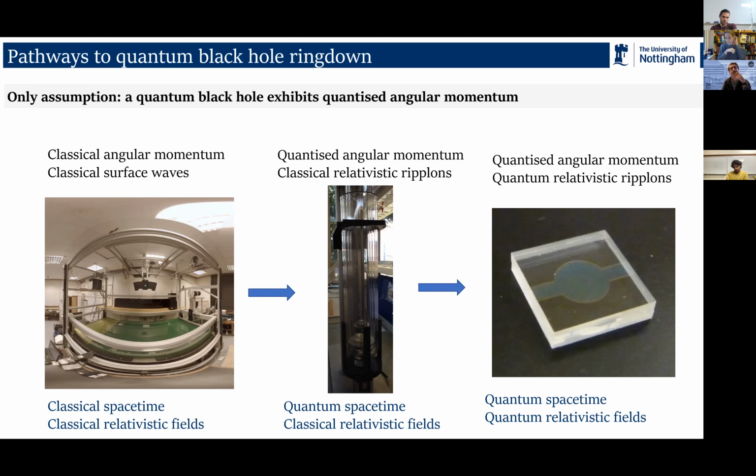And then if you really want to have a discrete angular momentum, which I would dub a quantum feature of a black hole, and you also want a quantum field theory interacting with the system, you need to go one step further. You need to make it smaller and colder, because you need to reduce all the thermal noise in the system so that the quantum noise is dominant.